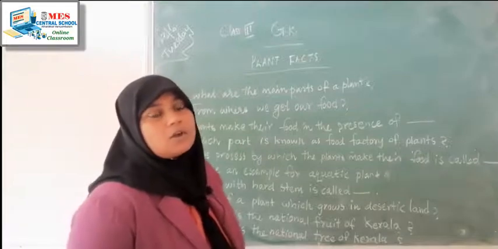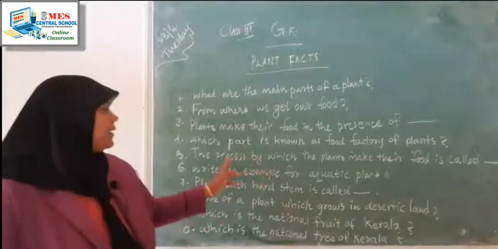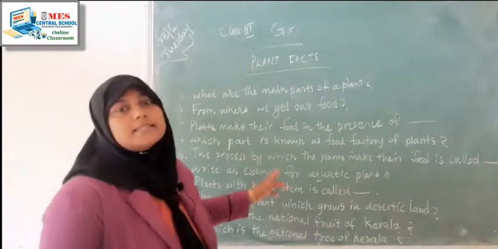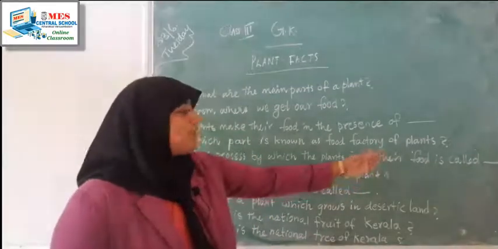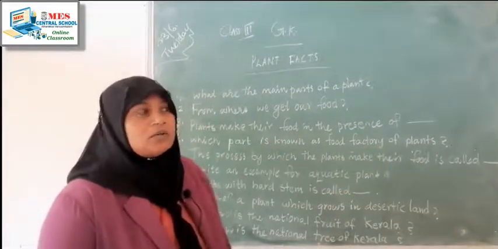The process of plants making their food by themselves is called dash. That is the name you want to write.